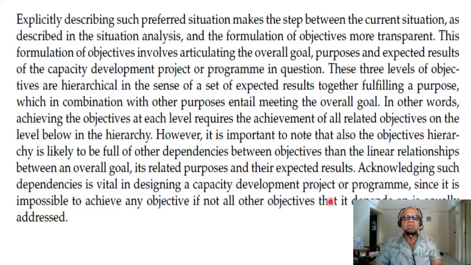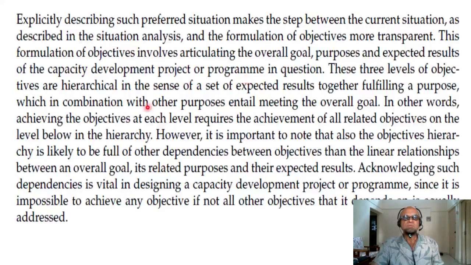Okay, so explicitly describing such a preferred situation makes the step between the current situation as described in the situation analysis and the formulation of objectives more transparent, so everybody knows what they are getting. This is in terms of a preferred situation we are heading to. This formulation of objectives involves articulating the overall goal, purposes and expected results of the capacity development project or program in question.